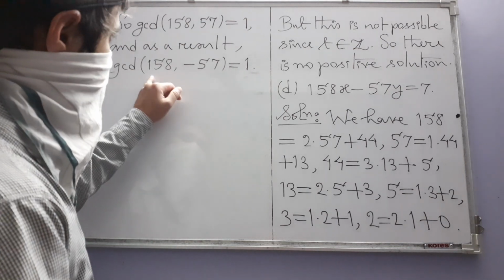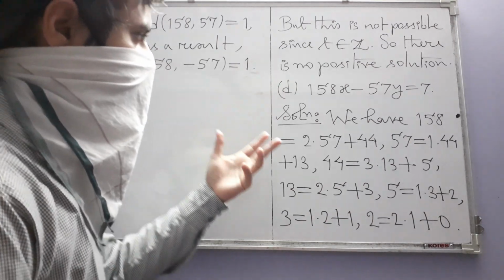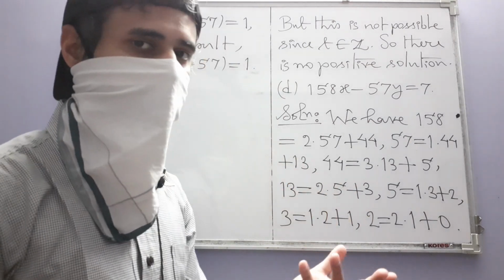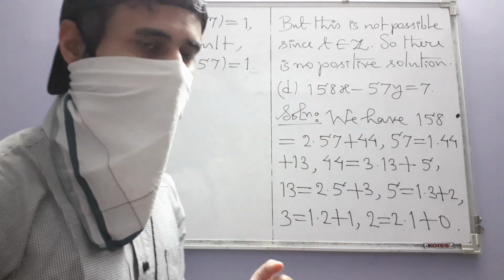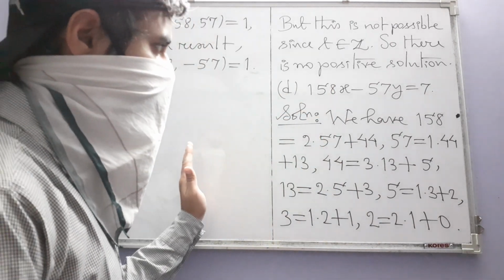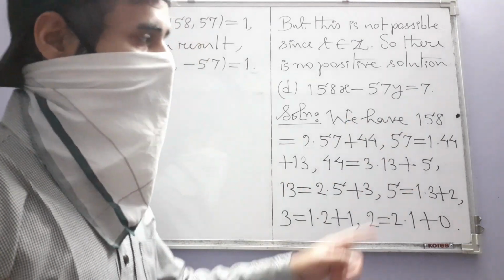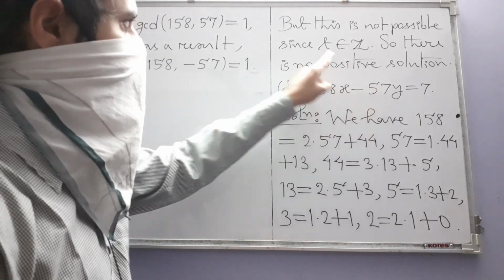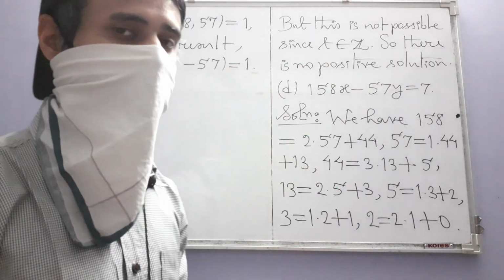It's essential to mention this because according to the theory for the solvability of this type of equations, we want the GCD of A and B to divide the right hand side, and here B is minus 57. So unless you mention this, you cannot claim that there is a solution.